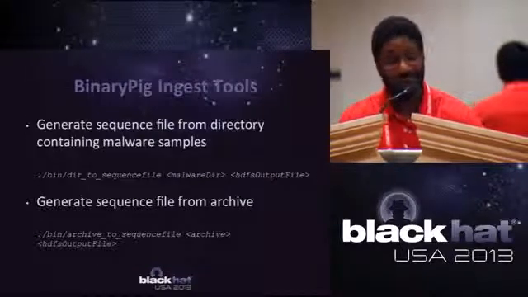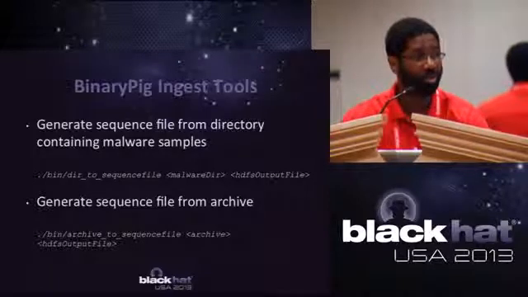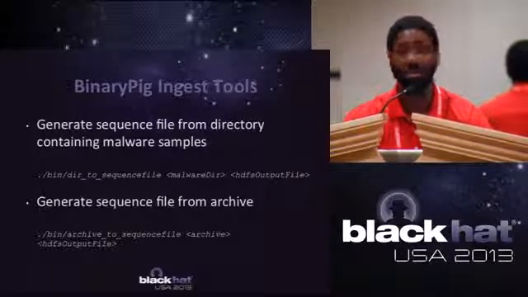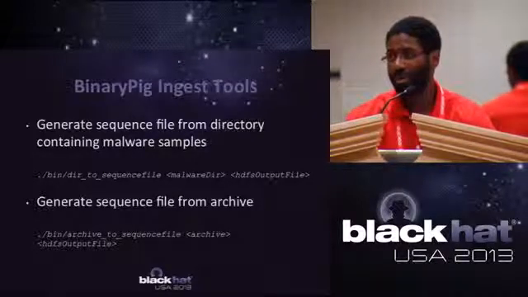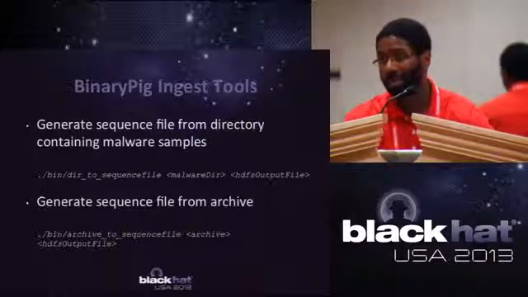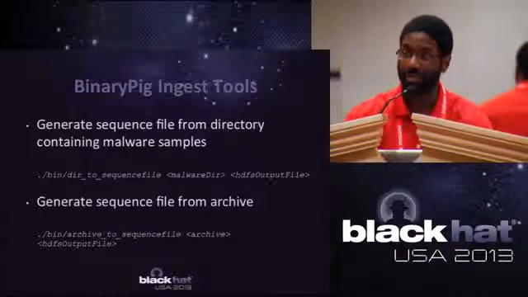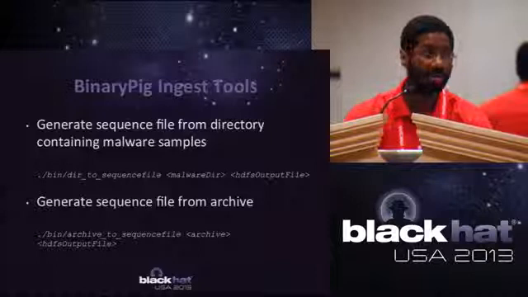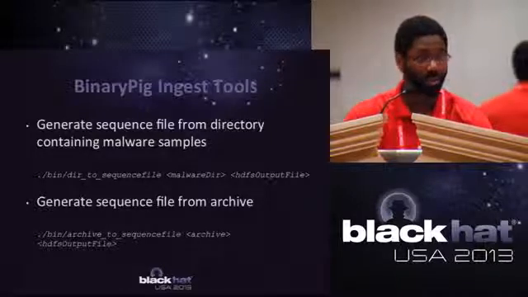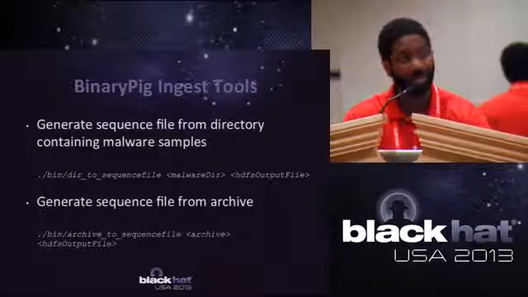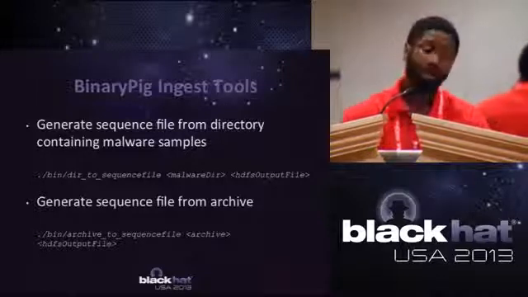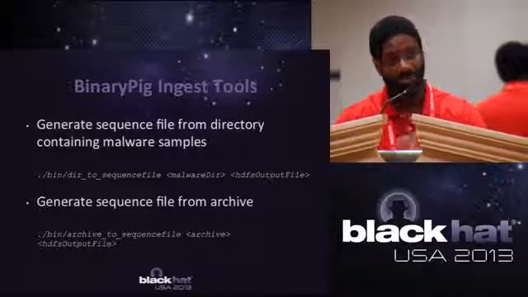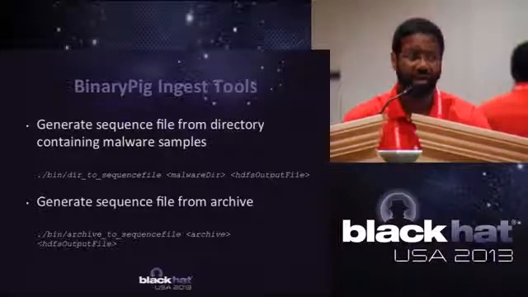All right, so the first thing you want to do, like we said before, is create the sequence file. We have a couple of scripts. We assume you already have a malware zoo somewhere that's either on disk or in an archive. So we have two convenient scripts that will take your archive or your subdirectory, generate that sequence file, and copy it up to HDFS.